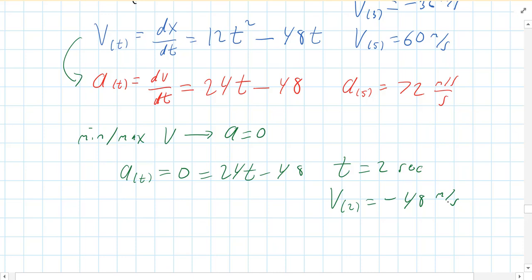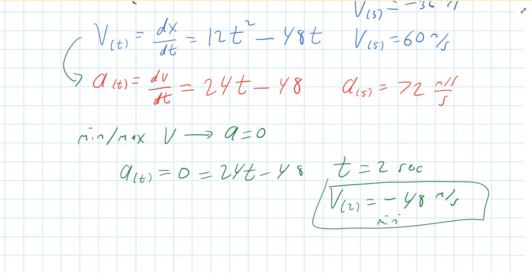Now, that turns out to be a minimum velocity. There's a couple ways to figure that out. One way is to look at the velocity at, let's say, 1 second or 3 seconds. Is that number bigger or smaller than negative 48? If you try that out, you're going to get a bigger number than negative 48. So this is a minimum velocity.